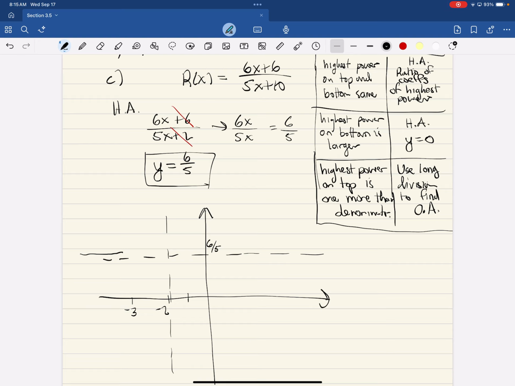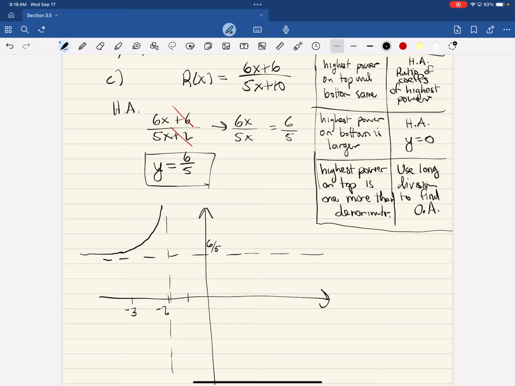If I take values close to -2, but on the left, so slightly less than -2, I'll definitely have a number approaching 0 in the denominator that's negative, and my numerator will also be negative, so I will be having numbers that are shooting up along that asymptote.